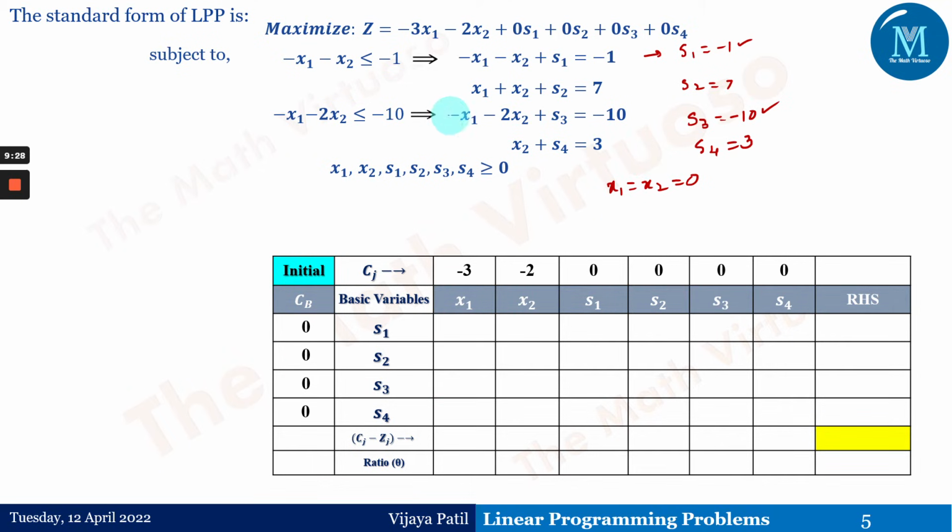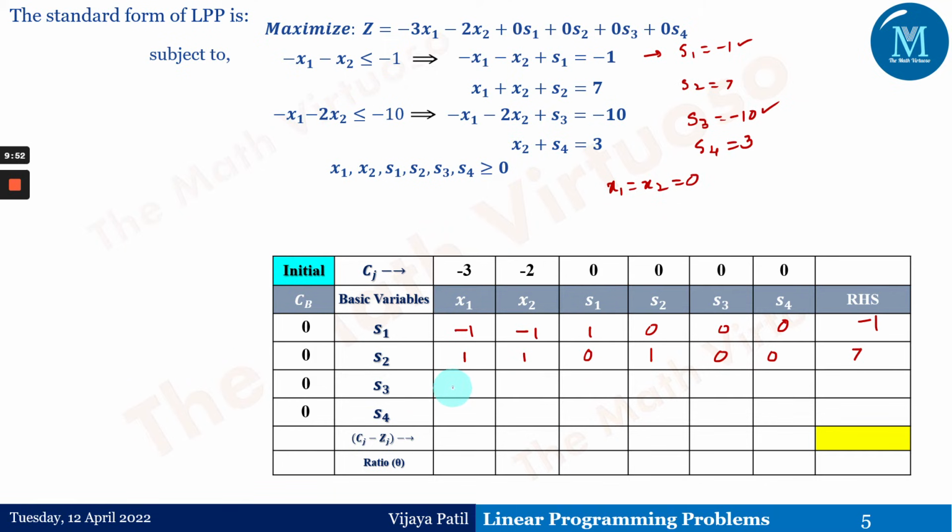Now we need to transform what we have done into the simplex table. The RHS is -1 for the first constraint. Then for the second, 1, 1, 0, 1, 0, 0, 7.